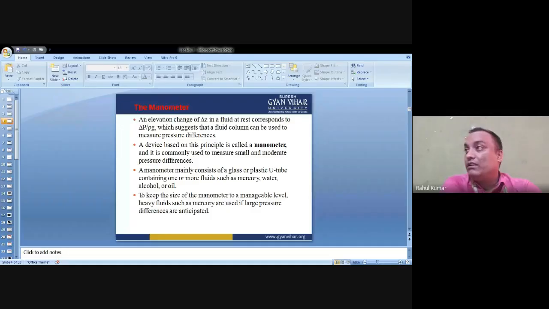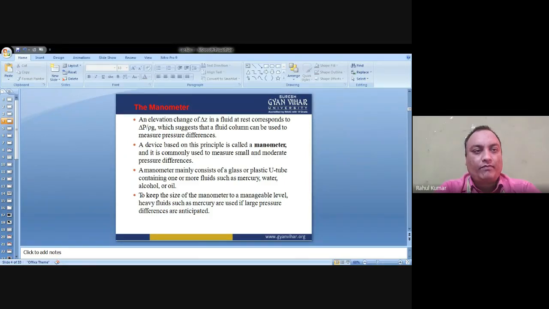Of all these types, the piezometer is very simple and directly gives the elevation height delta Z. Then you multiply by rho and g, and you can get the value of pressure.